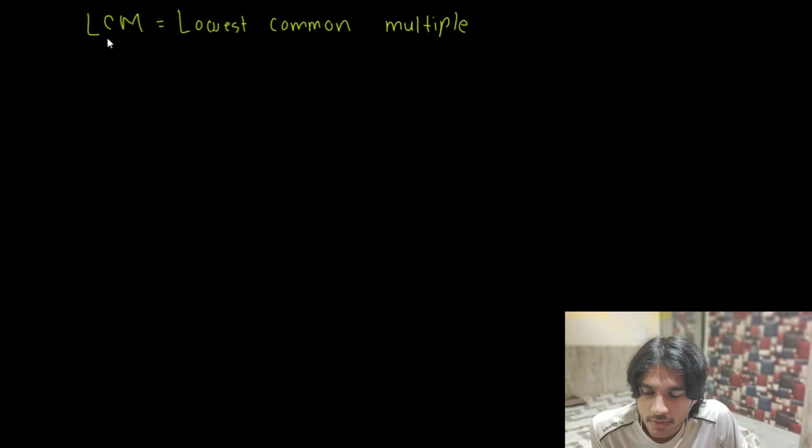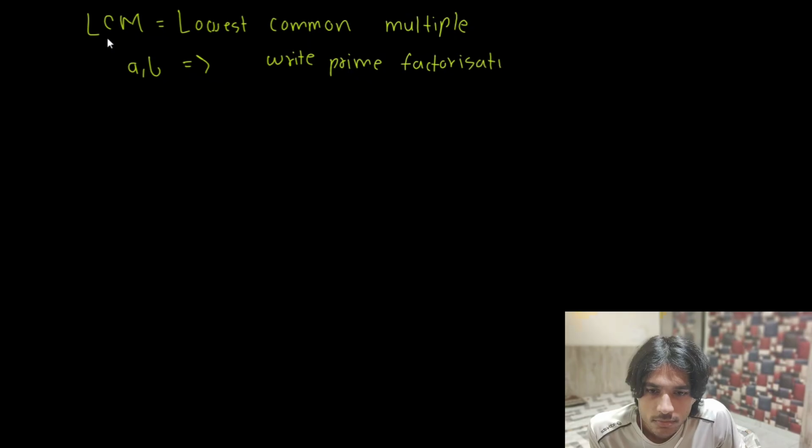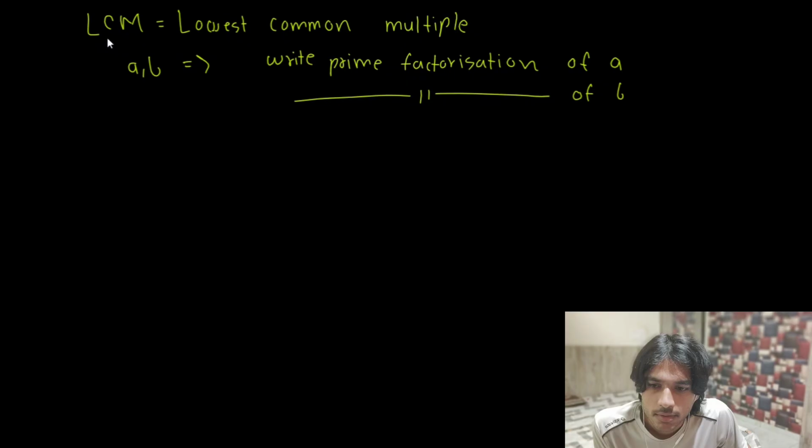What it simply means is that if I have to find the LCM of A and B, I will write the prime factorization of A. Similarly, write the prime factorization of B.